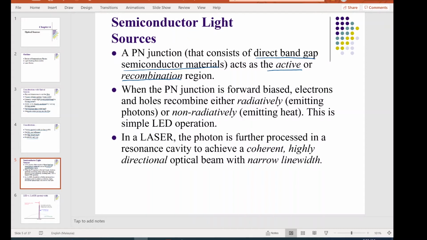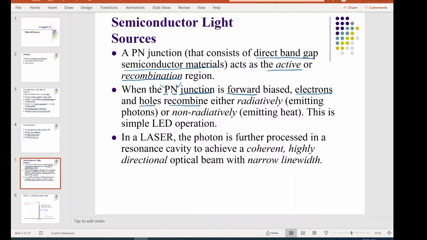When we have two different types of semiconductor, p-type and n-type, and we combine them together, we have a PN junction. We can apply a forward bias, which means we put the positive on the p-type and negative on the n-type. Then we will have the movement of carriers, electrons and holes.